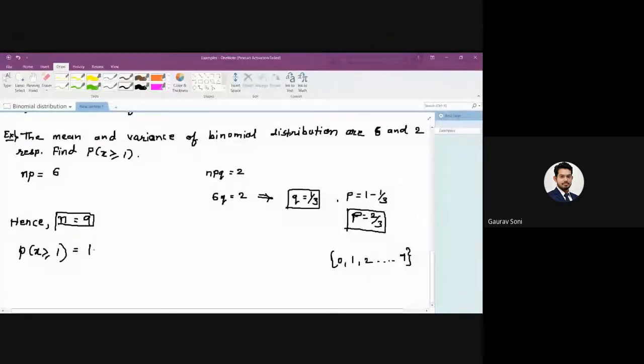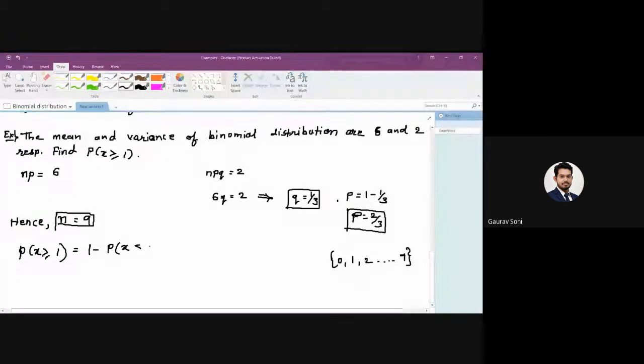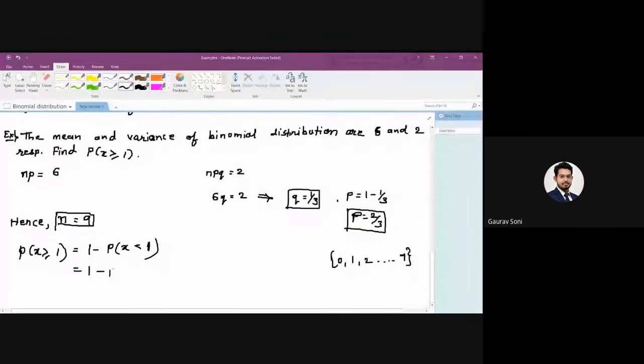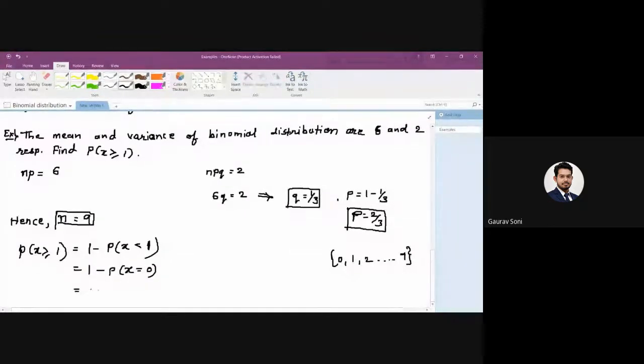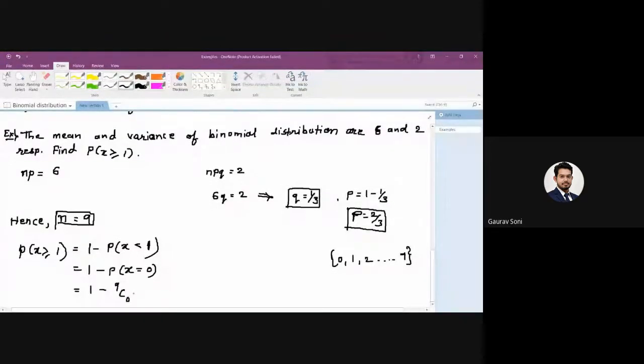So I can take this as 1 minus probability of x less than 1, which is 1 minus probability of x equal to 0, which is 1 minus 9c0 p raised to 0 q raised to 9 minus 0, which means q to the power 9.